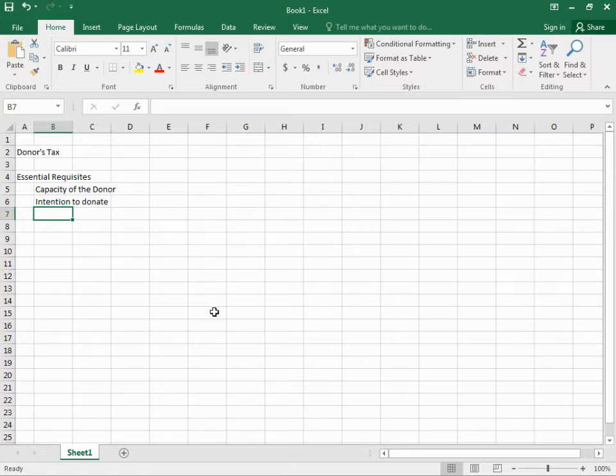Hindi pwedeng sabihin ni Miss S na, oh, sa akin na to kasi binigay ni Ken. Dapat specified kung ano yung intention nung turnover ng property. Kung sa kanya na ba yun or papahawak lang, papatago lang, or pwede niyang gamitin pero yung ownership kay Ken pa rin. So, dapat clear yung ating intention.